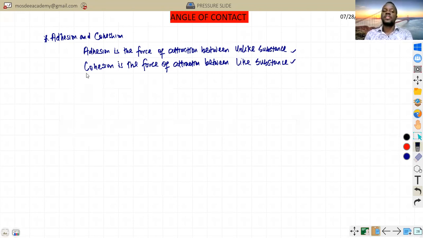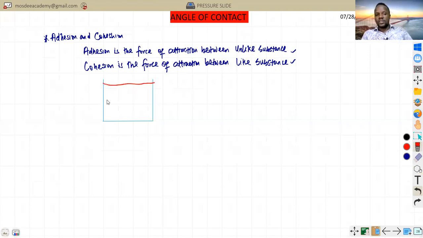Now, having said that, the next thing we all need to understand is what we call the angle of contact. To understand that very well, I will take us through it by drawing a simple diagram. We have a layer of a liquid, let's say a liquid inside a beaker that is filled to a certain point.